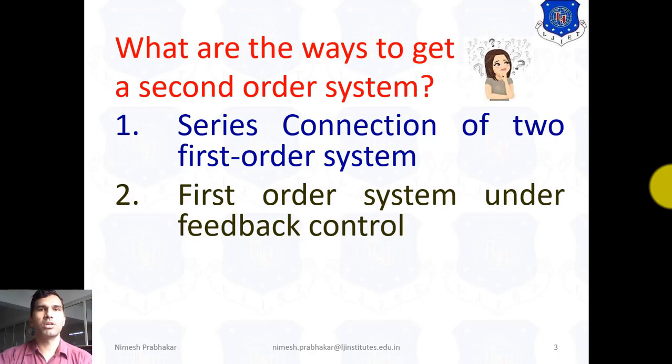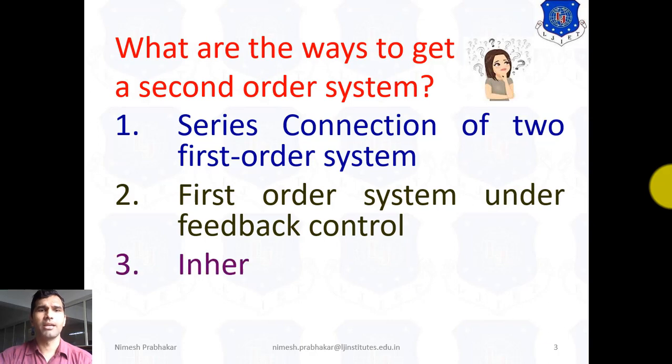We know the CSTR or CSTH is a first order system, and to control the temperature or the height inside the tank, we put a controller, so that type of system becomes a second order system. So we can get a second order system by putting control and feedback on a first order system.